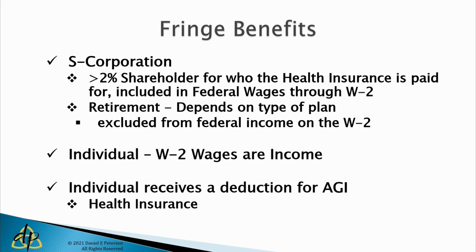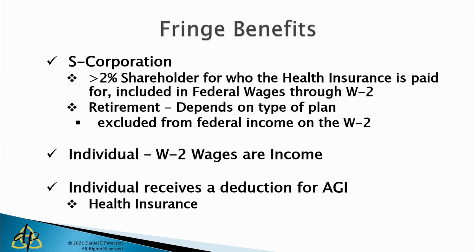In addition, they're part of the net income of the business, and then they will in turn deduct the health insurance premiums that were paid on their behalf and included in box 1 of the W-2 as a deduction for self-employed health insurance. And then the retirement contribution that's made on behalf of the S corporation is included as a part of the W-2 deduction, thus avoiding federal income tax.